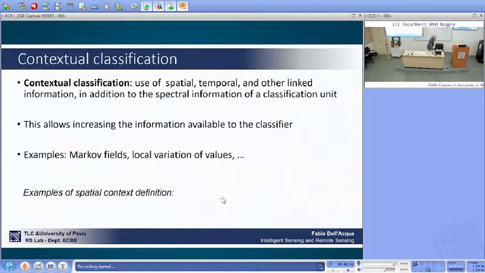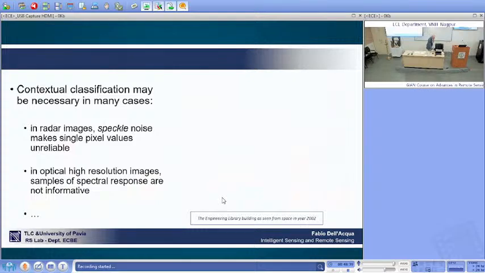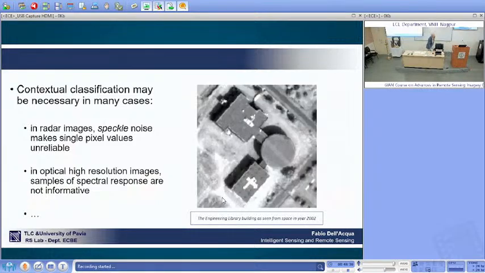Let me give you another example, where this is a building in our campus. I used this image because it is from the year 2002. I remember we paid a lot of money for it. It was one of the first ever very high resolution images that I ever saw.